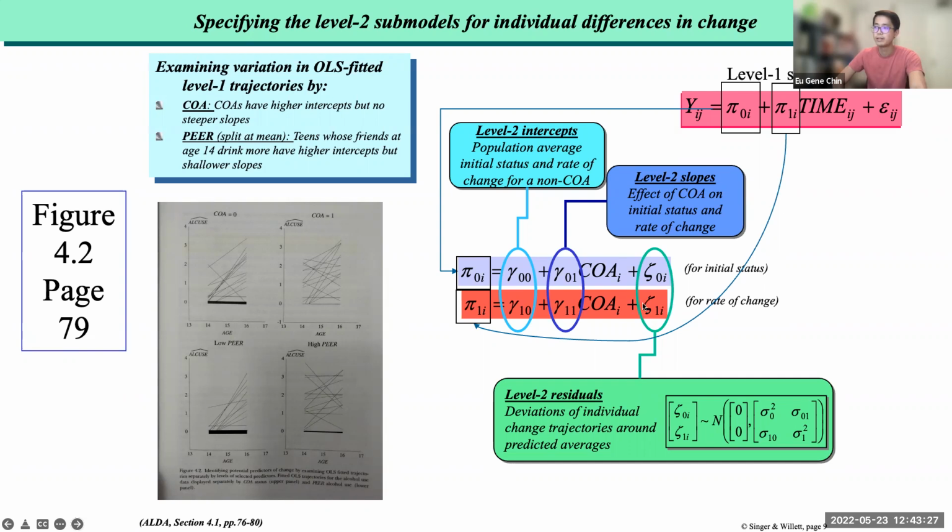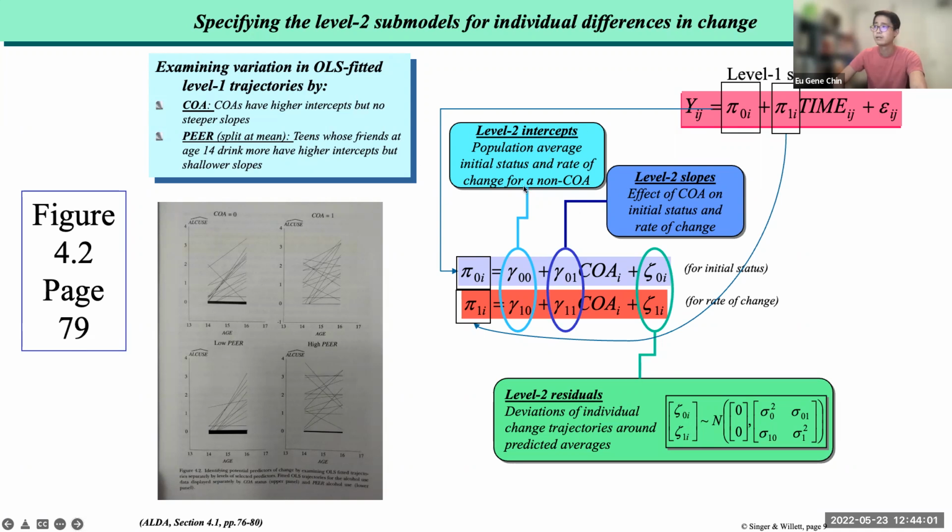And then zeta 1i is the deviation from the population's average rate of change. So these are level 2 residuals, zeta 0i and zeta 1i. We assume that these residuals are normally distributed with means of zero, with specific variance estimates, as well as some covariance between these two variances. So this basically describes the distribution of where these estimates are coming from.